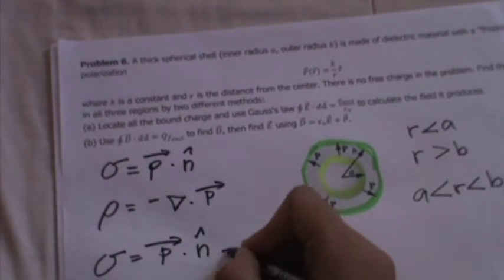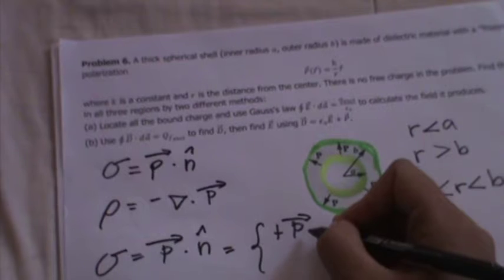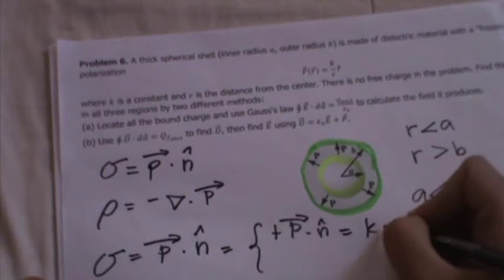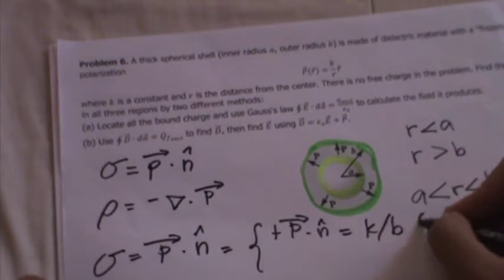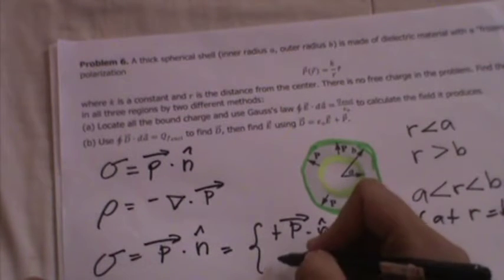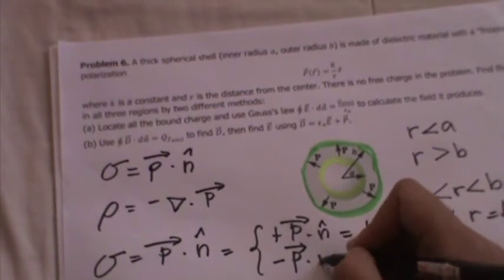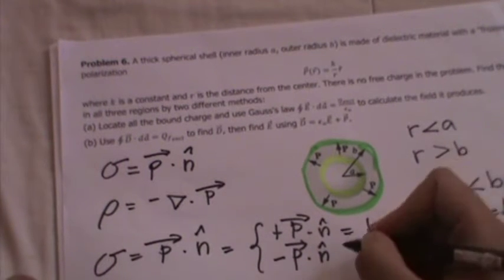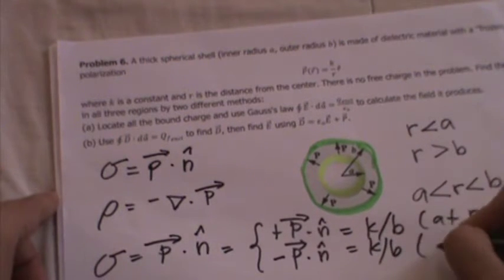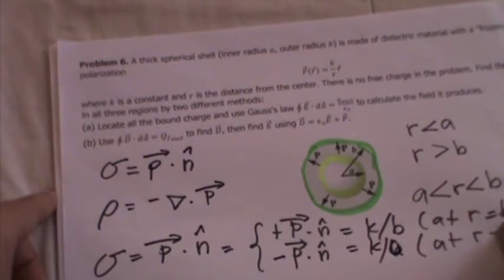If it's positive, vector P dotted with n-hat is equal to k over b at r equals b. And also if it's negative, vector P dotted with unit vector n is equal to k over a at r equals a.